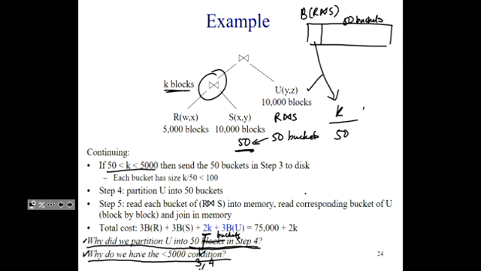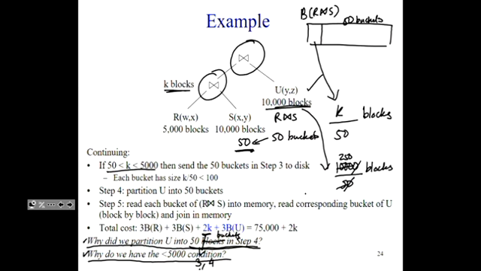Correct? Okay. Now, in order for me to do the final join, I need to be able to store, and once again, let me wrap up the story. So for U, I have 10,000 blocks divided by 50 buckets. Therefore, each bucket has 250 blocks.